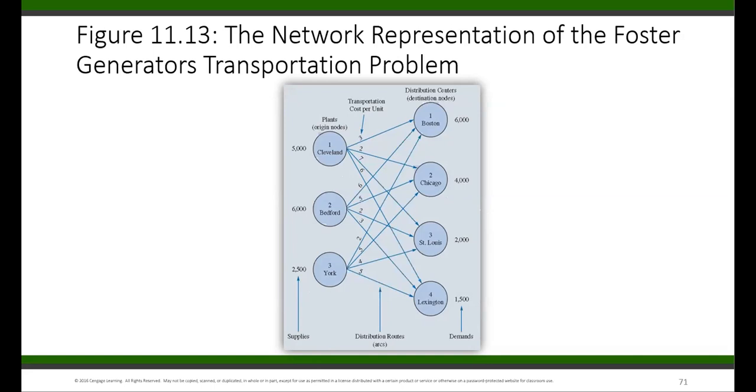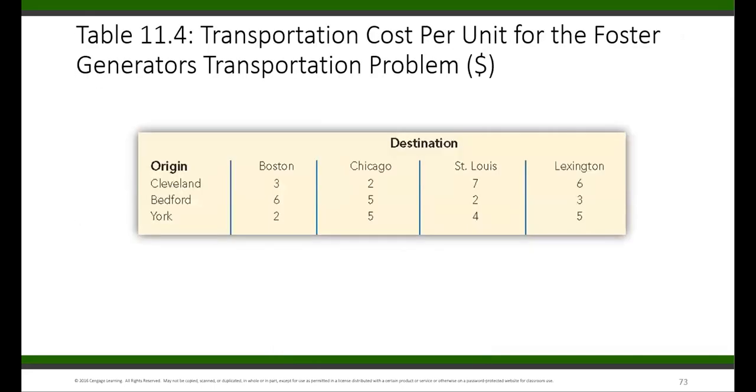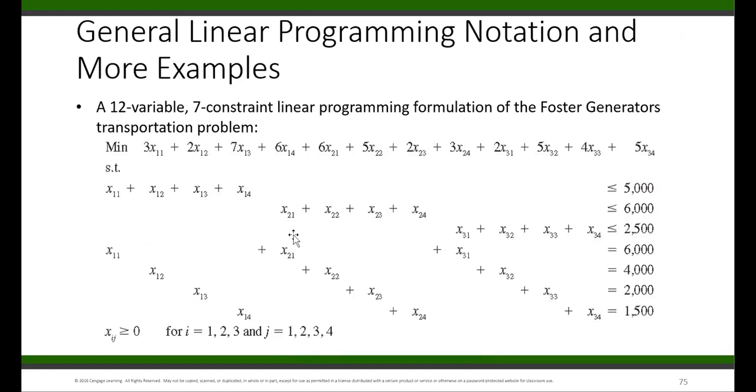If you remember, we solved that example, and I have it in Excel right here. This was the original problem, the formulation, and I have the Excel file. I'm going to quickly review that as well.